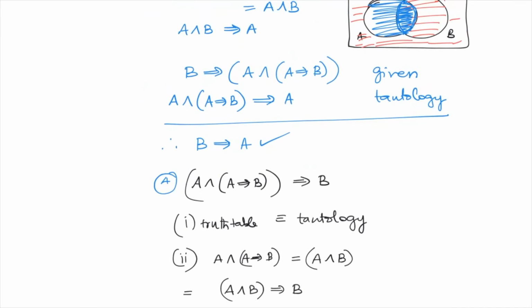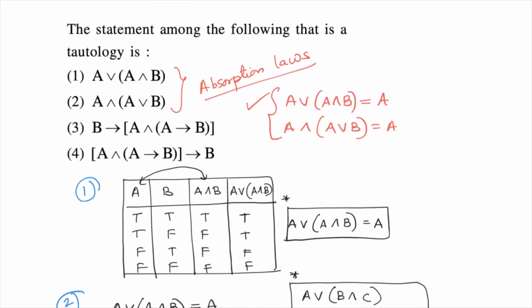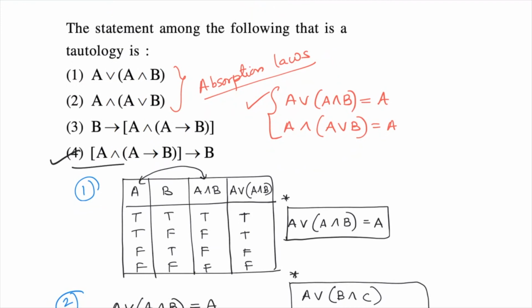So when you look at the options, the answer is the fourth one. This is the right answer. Since we have gone through all of this, we can see that this is a very simple question if you have a good idea of what we have discussed in the class.